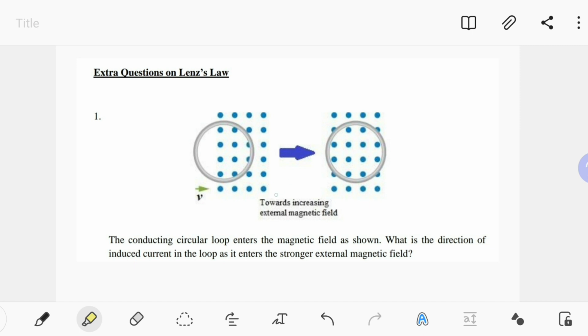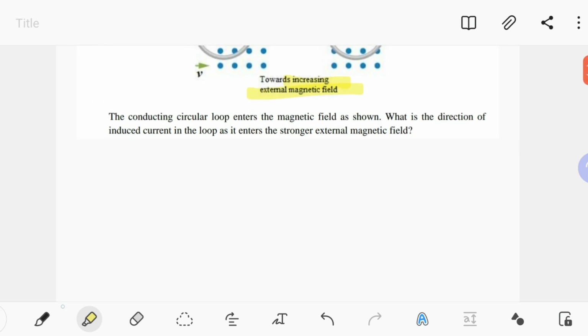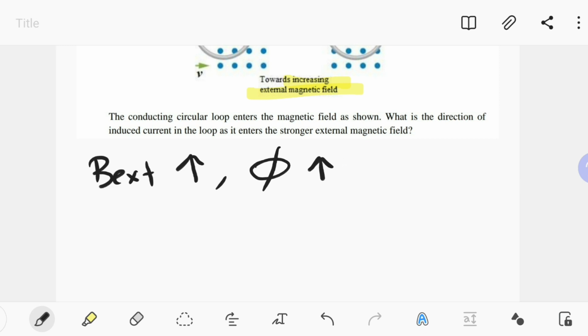So it is moving towards increasing external magnetic field. So we get the information that the external magnetic field increases, which also means the magnetic flux phi also increases.